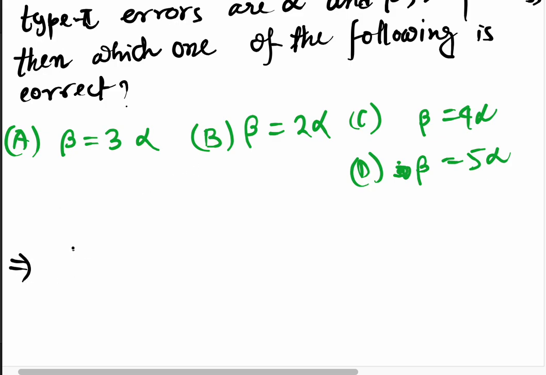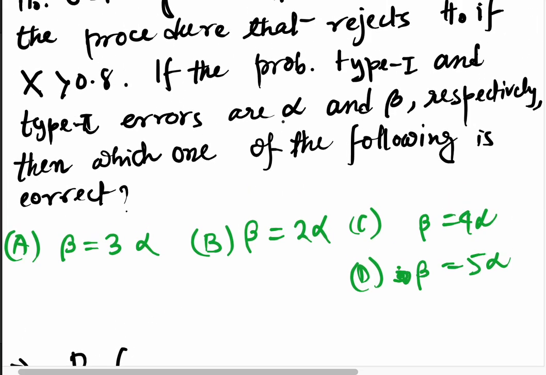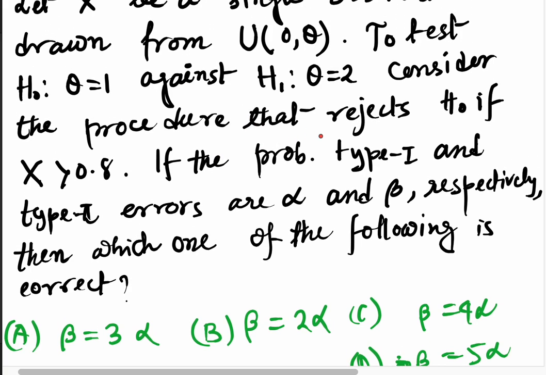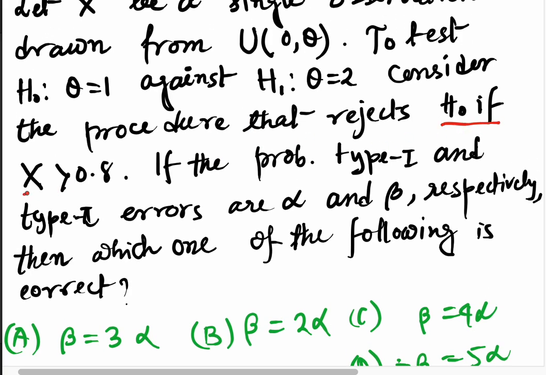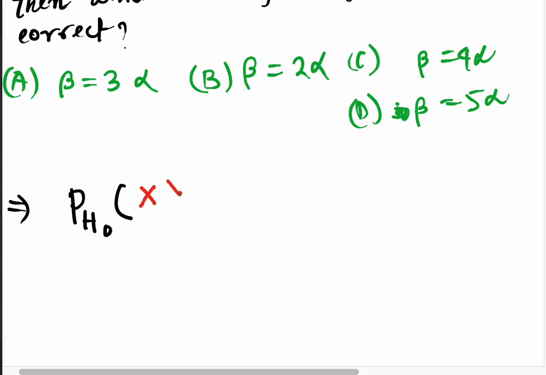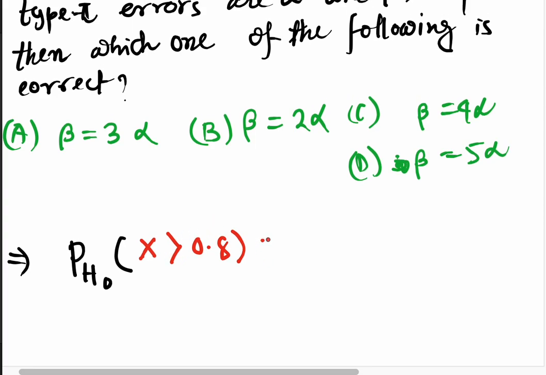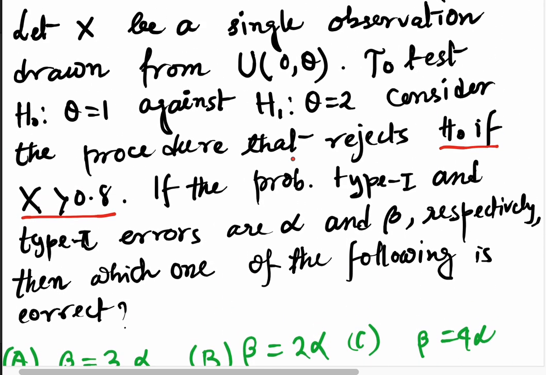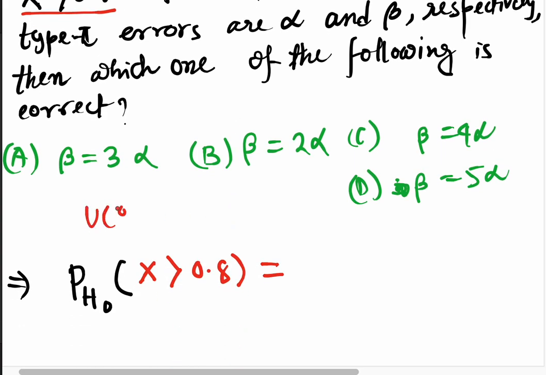What is the probability of type 1 error and what is the probability of type 2 error? So probability of type 1 error is, under the condition we have to reject the null hypothesis. If x is greater than 0.8, then we will reject the hypothesis that theta equal to 1. So what is the probability that under the H0 we will get this? Since x follows a uniform distribution between 0 to 1, then it will be 0.8.